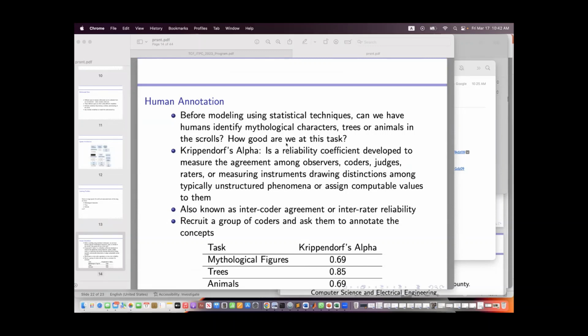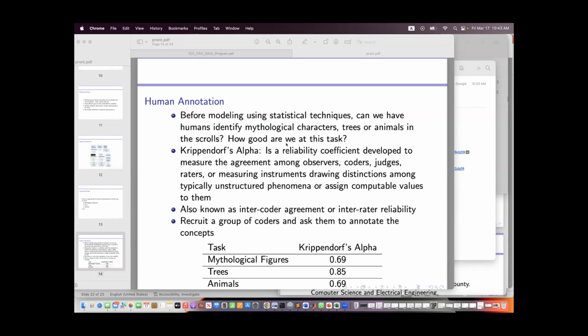And they basically looked at these scrolls as well as the textual data to tell us what the humans felt about mythological characters, trees, and animals, presence of these in the scroll.